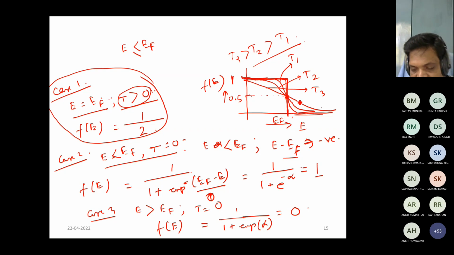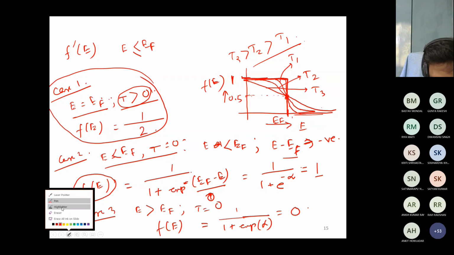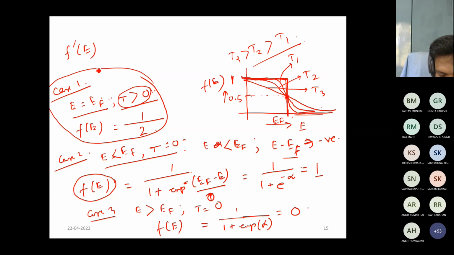So this is the Fermi energy and the energy distribution function, which gives the probability of occupancy of an electron at a given energy state at a particular temperature. If Fe is the probability of occupancy of an electron, then let me take F prime E, which is equal to 1 minus Fe.